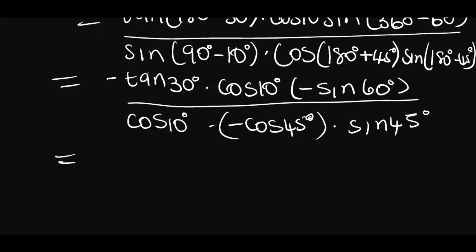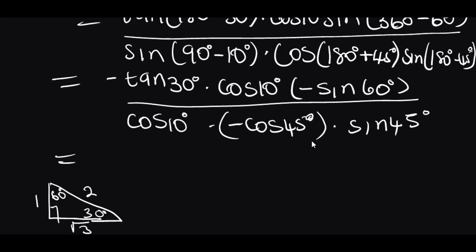That is equal to, we know the special angle triangles. The first one is like this: we have a right angle, 30 degrees, 60 degrees. We have 1, 2, and root 3.